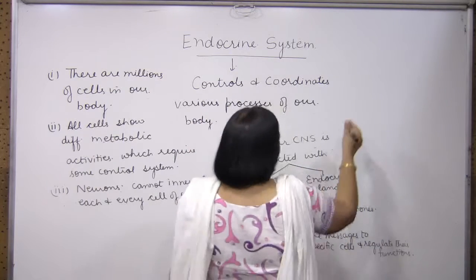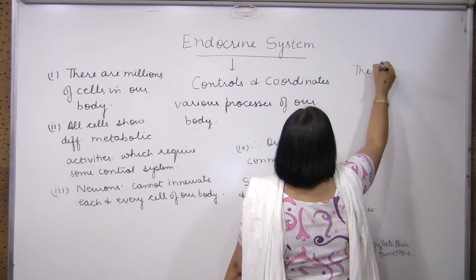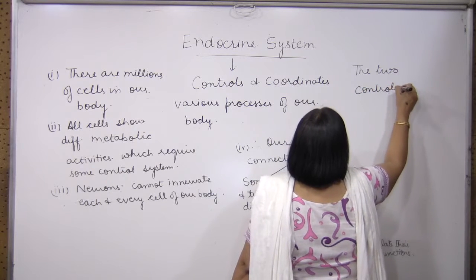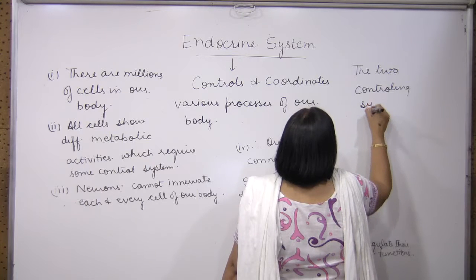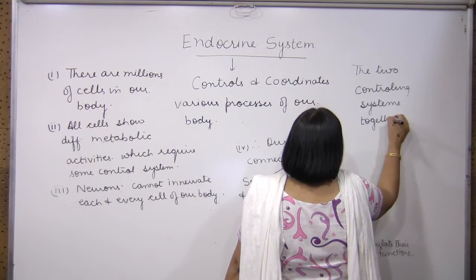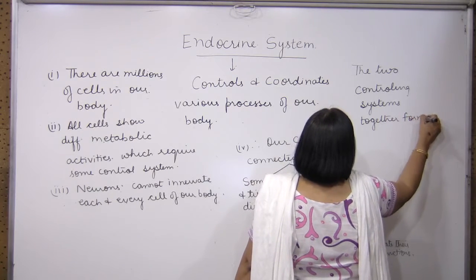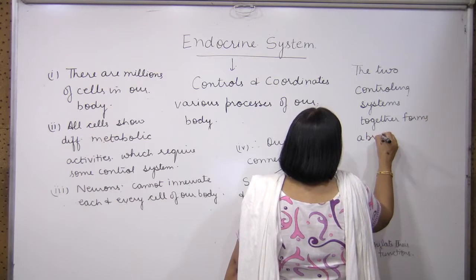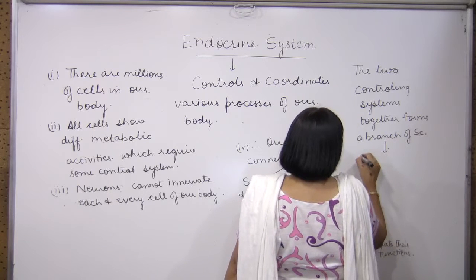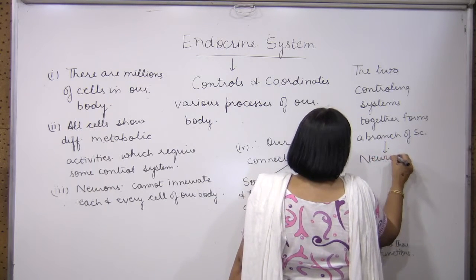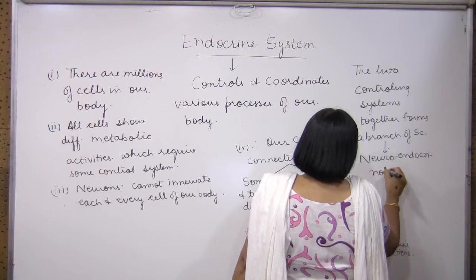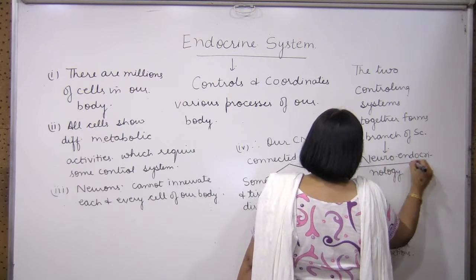And the two controlling systems together form a branch of science that is called neuroendocrinology.